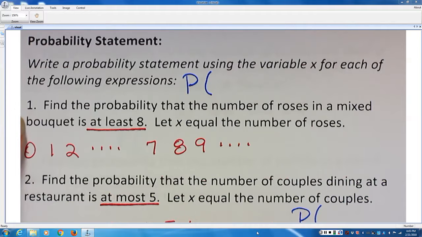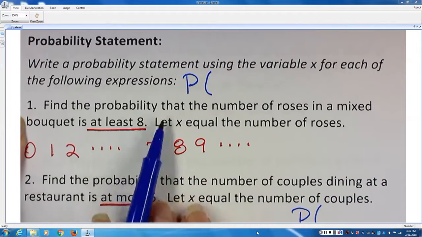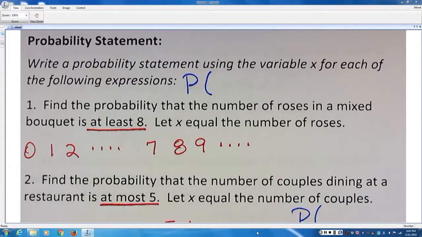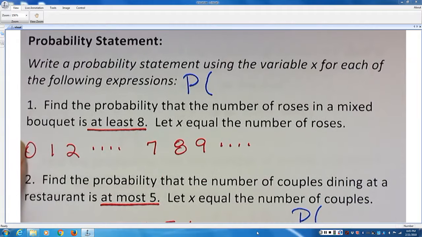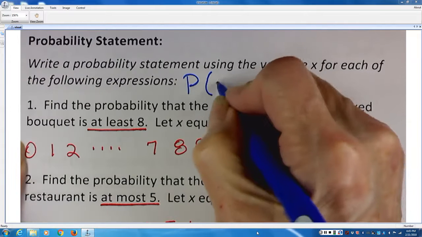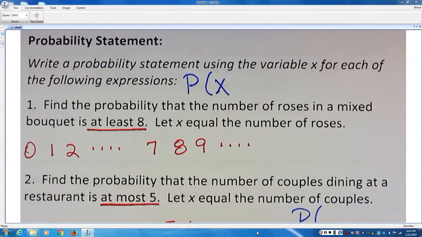Find the probability. We know all of these, when it says find the probability, means P parentheses to get started. Find the probability that the number of roses in a mixed bouquet, which we're going to call X, is at least 8. Now, in every one of these, what you need to think about is the number you're looking at.